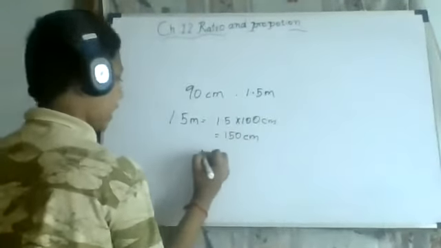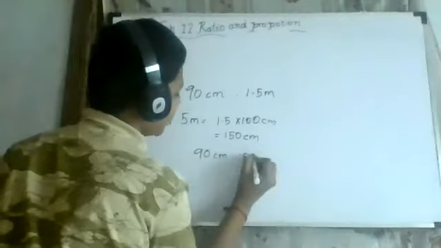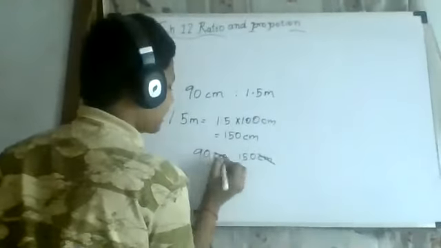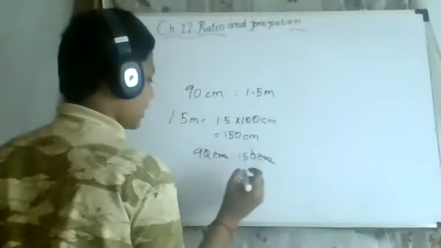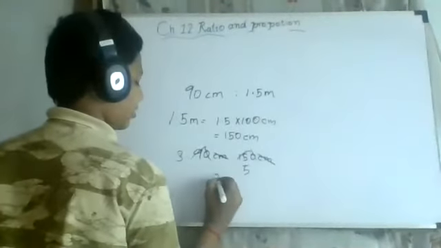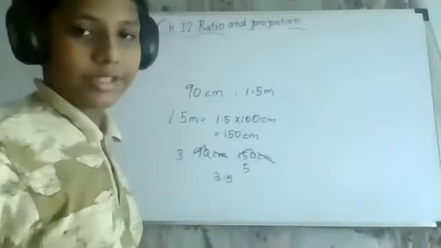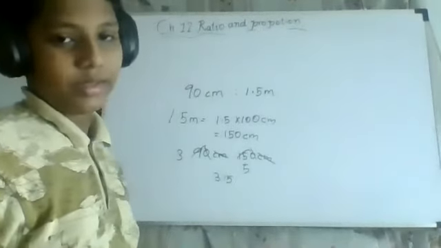So we can write it as 90 centimeters is to 150 centimeters. The units will be cancelled. 0, 0 will be cancelled. 3 threes are 9, 3 fives are 15. So 3 is to 5.